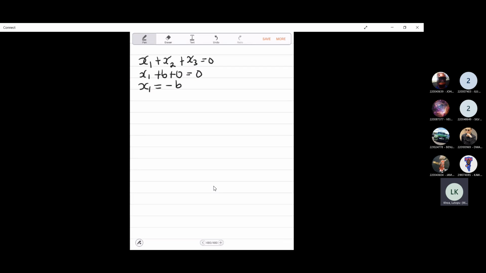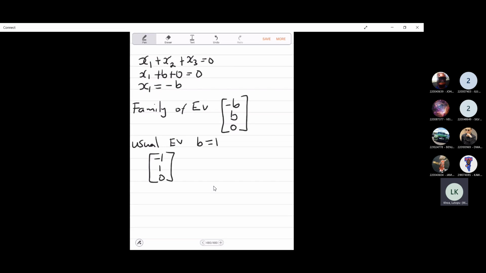Okay, so then our family of eigenvectors will look like this. I have minus b, b, and 0. And then the usual: with the usual eigenvector, we just say b is equal to 1. So our eigenvector will be minus 1, 1, and 0.